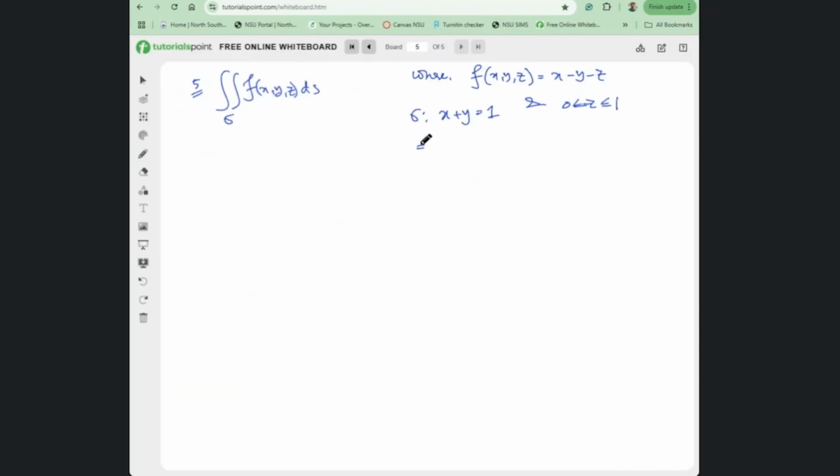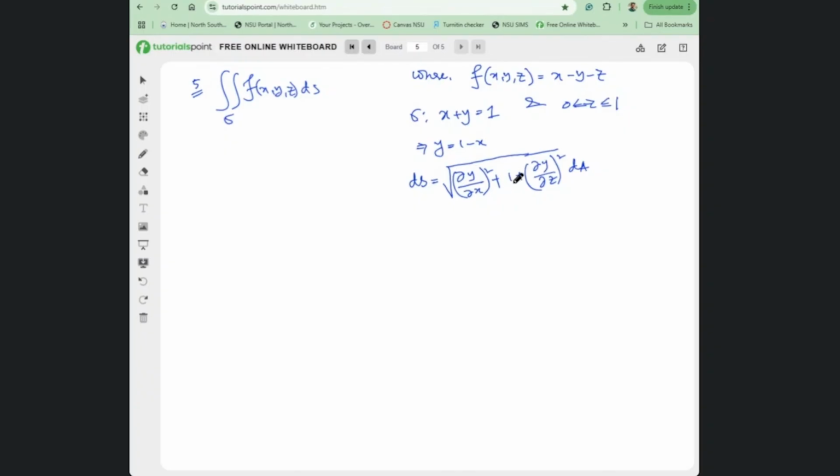under these assumptions, let me write down y equals 1 minus x, so that dS can be written here by del y by del x whole square, and in that case this will be 1 plus del y by del z square, something like this, into dA.